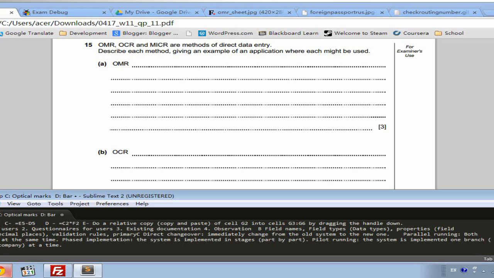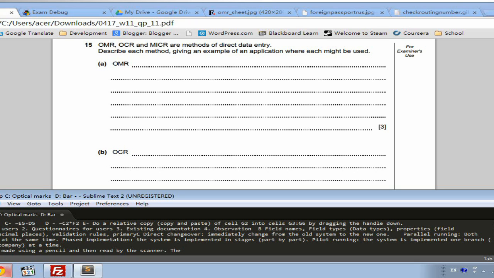OMR. So we're going to say that marks are made using a pencil, and then read by the scanner.